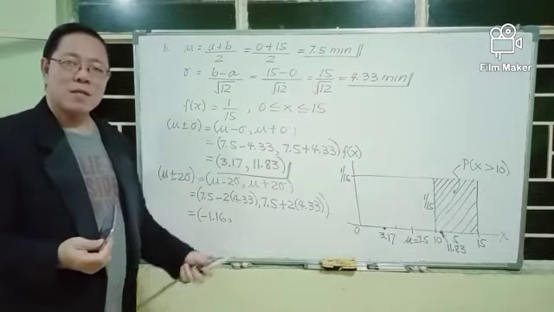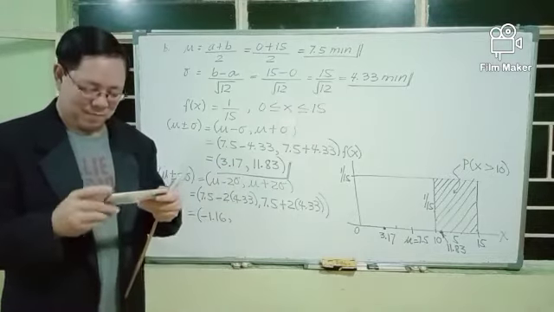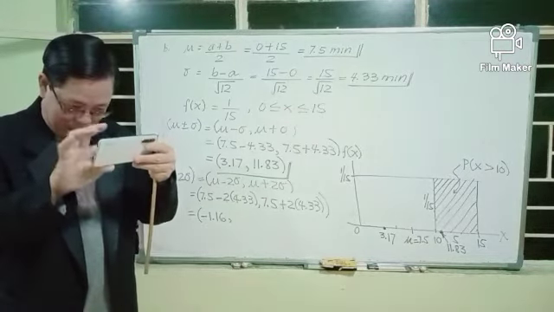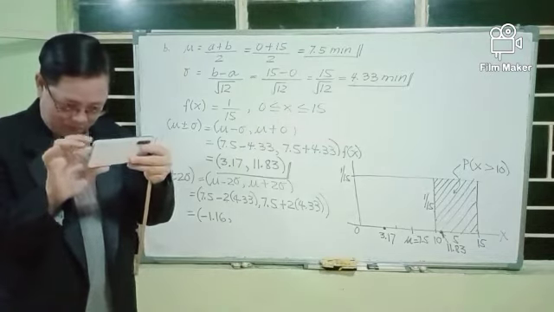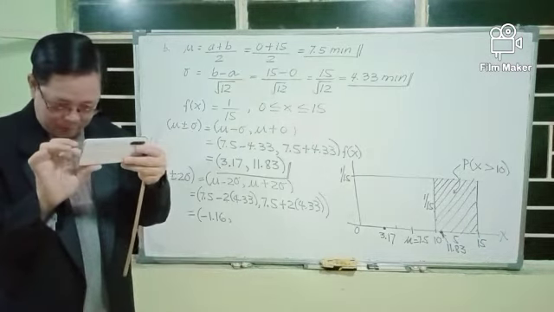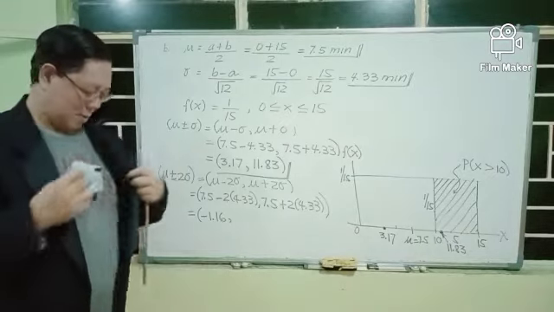We also calculate the sum of 7.5 plus twice 4.33, and that's 16.16.